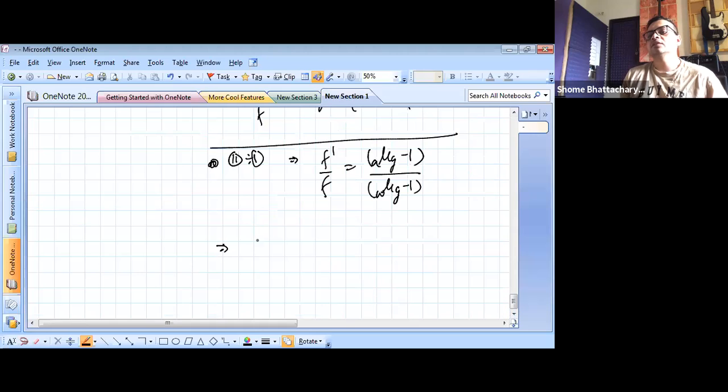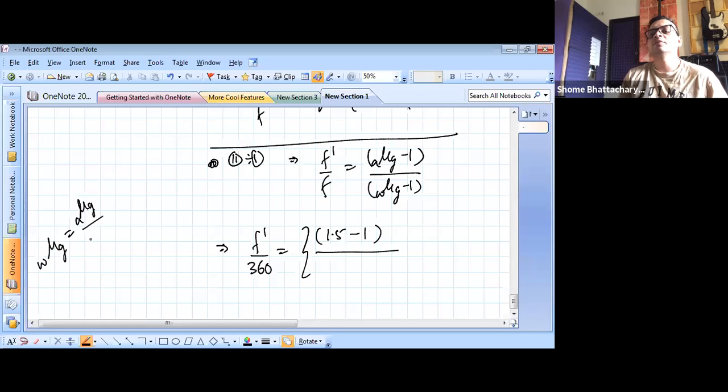So we get the equation f prime upon 360 is equal to, this was 1.5 minus 1. This will become, now refractive index of glass with respect to water will be refractive index of glass with respect to air divided by refractive index of water. This is 3 by 2 or 1.5 and this is 4 by 3 or 1.3. This is 9 by 8.